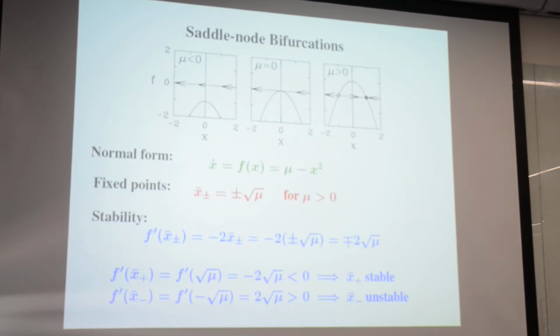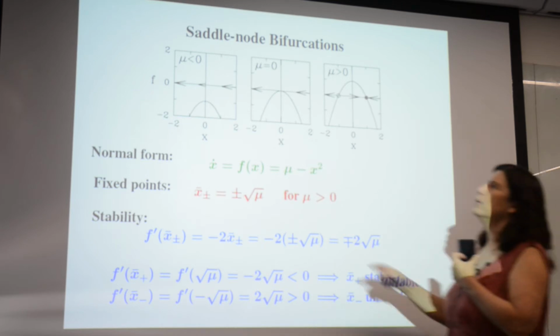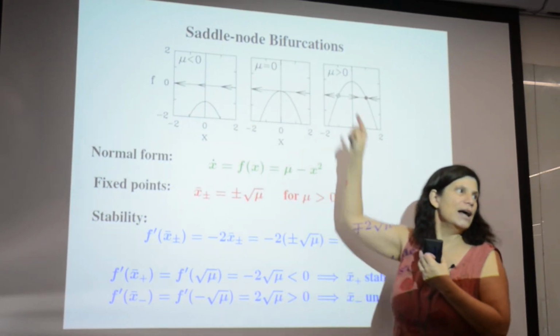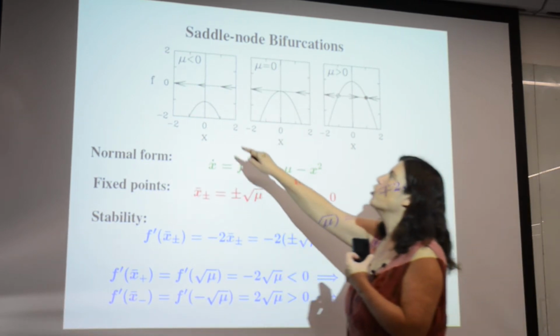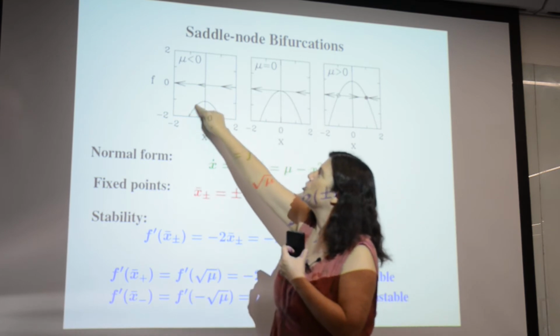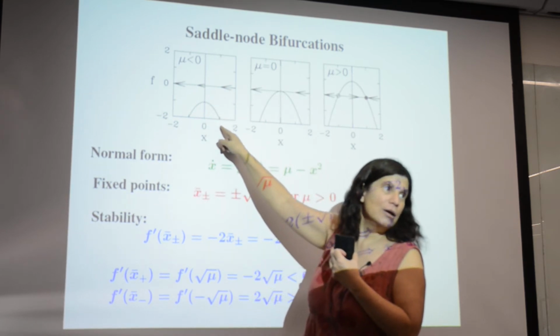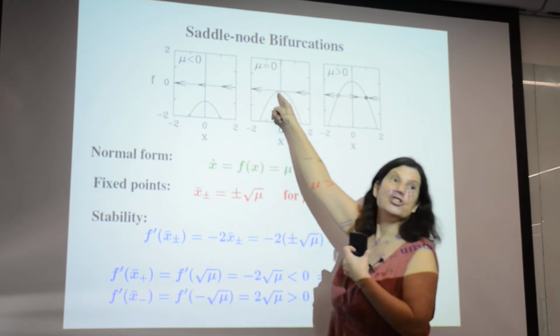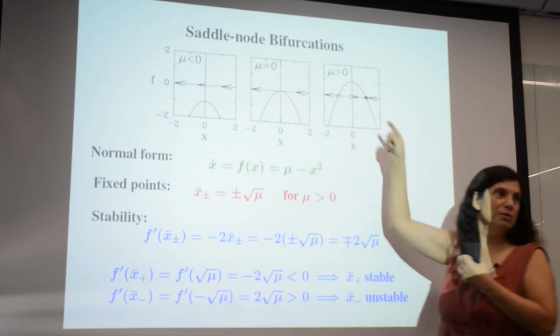So here we are. We've plotted mu minus x squared for 3 different values of mu, negative, 0, and positive. And again, we're looking for roots. We want to see when it crosses 0. And here it doesn't cross 0 at all. Right? It's a quadratic that doesn't have a solution. Here it has a single double root, and here it has 2 roots.